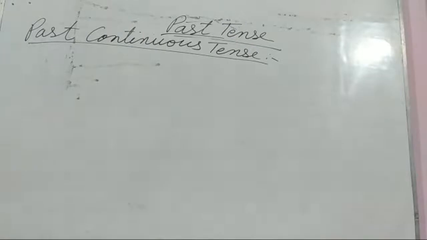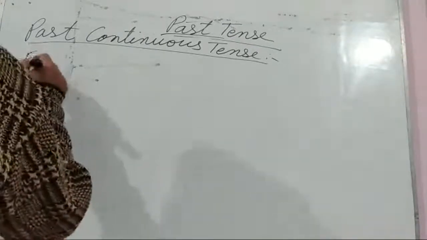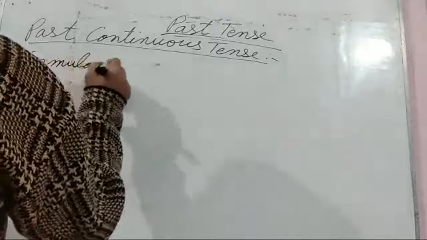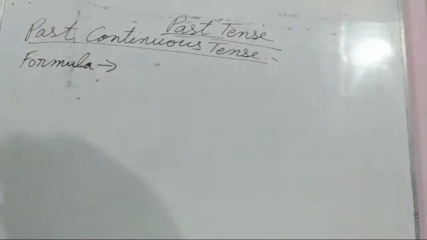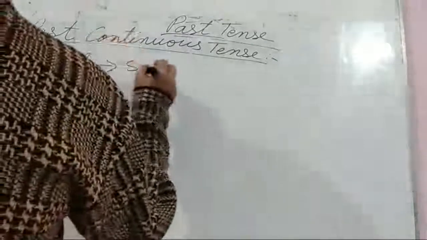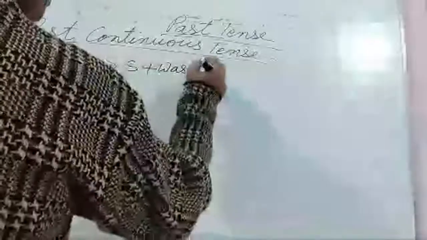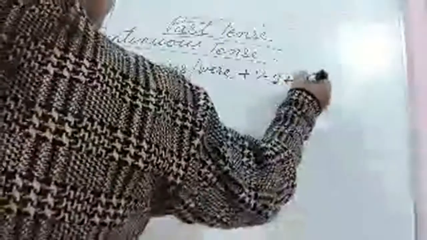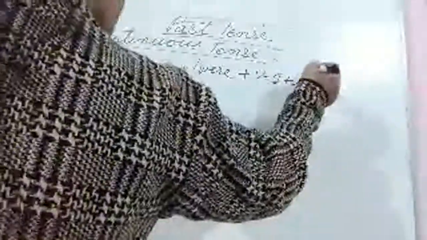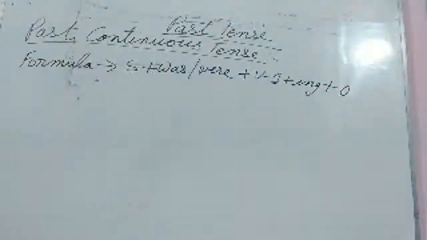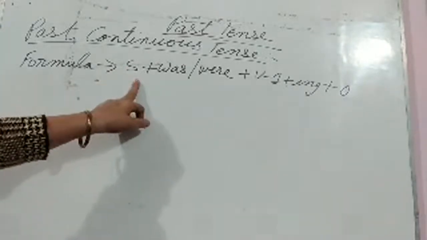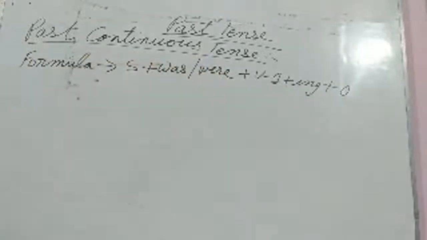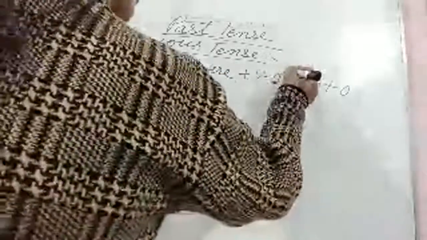The formula for past continuous tense is subject plus was or were depends upon the subject, whether it is singular or plural, plus verb of first form plus ing, and plus object.